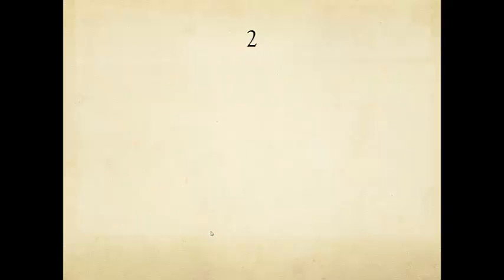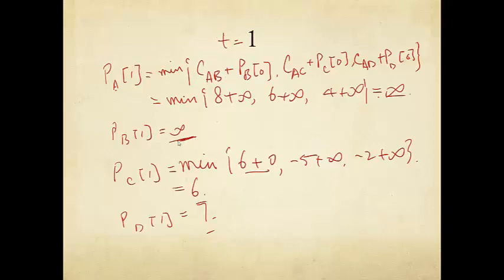So it's infinity, infinity, 6, and 7 at iteration 1, using 1 or fewer hops. Now let iteration 2 start. You can now see suddenly that PA at 2 is not infinity anymore. It is the min out of 3 choices of its outgoing neighbor. Through B, you get 8 plus infinity, because PB at iteration 1 is still infinity.